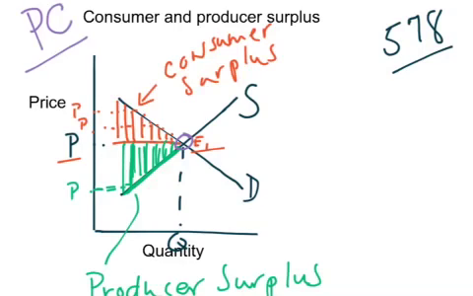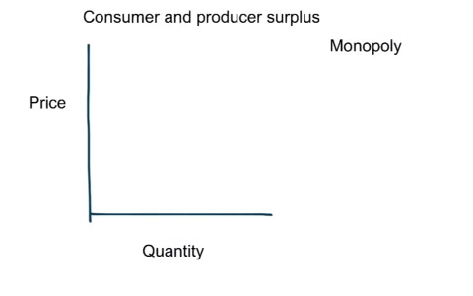So the consumer surplus and the producer surplus happen in the market, and we also see it carried over into the perfectly competitive firm. Okay, so now we're going to look at the consumer and the producer surplus from the point of view of how it is shown in the monopoly.